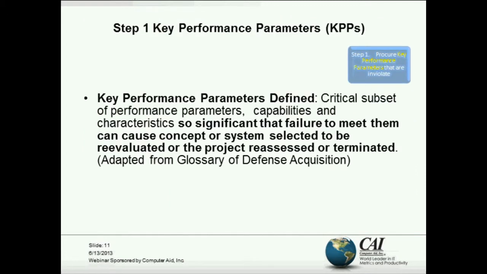Okay, so moving on to a little bit more about the first step. The first step is to identify the key performance parameters. Now, you probably have heard the term KPI, key performance indicator, very similar type of thing, but in this context, the key performance parameter, the operative term here is key, and what it means is that the objective of this must be met for the project to move forward.